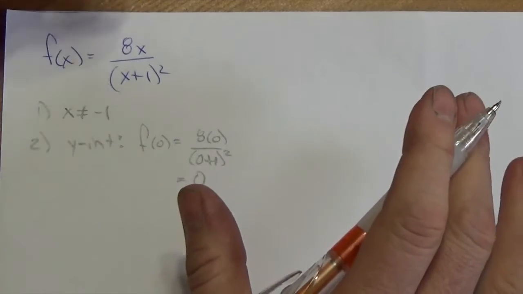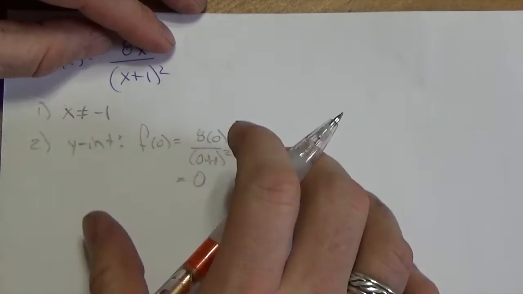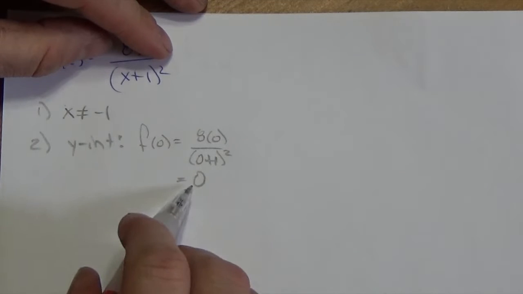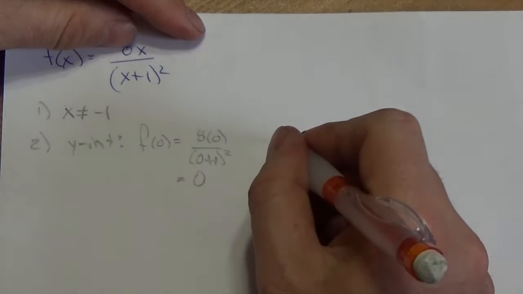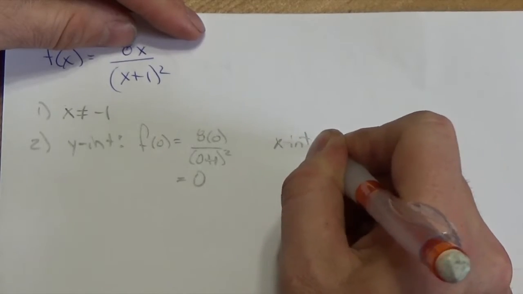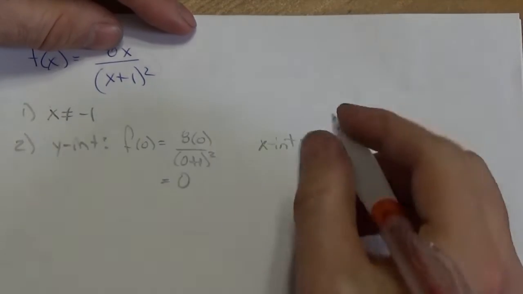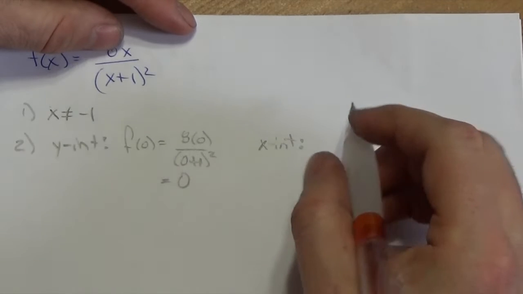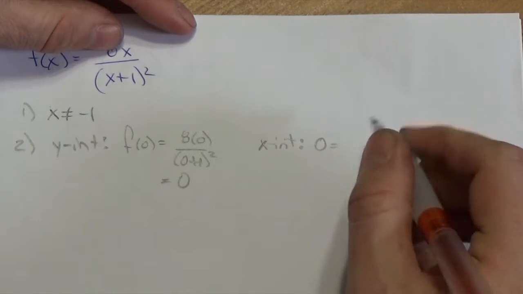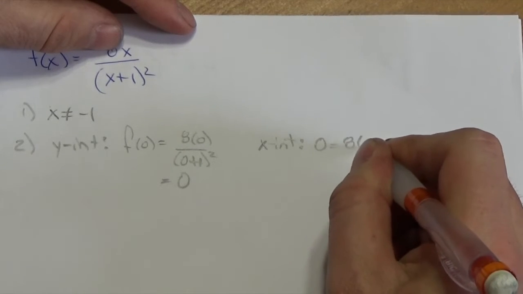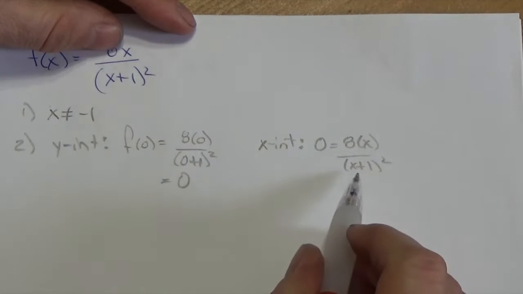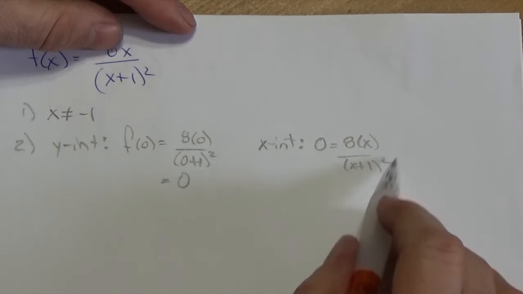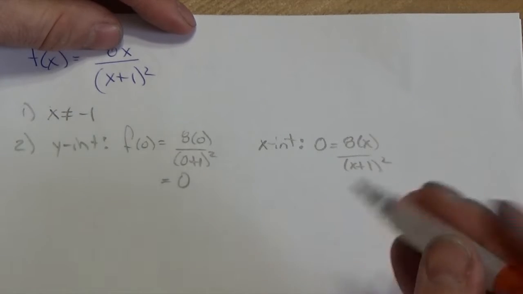That's a pretty good indication that this graph is going to go through the origin, because when x is equal to 0, y is equal to 0. I'm still going to look for my x-intercepts, because I could have more than just that one, although I know already that there's going to be one. In this case, you let the y-coordinate go to 0, so 8 multiplied by x over (x plus 1) squared equals 0.